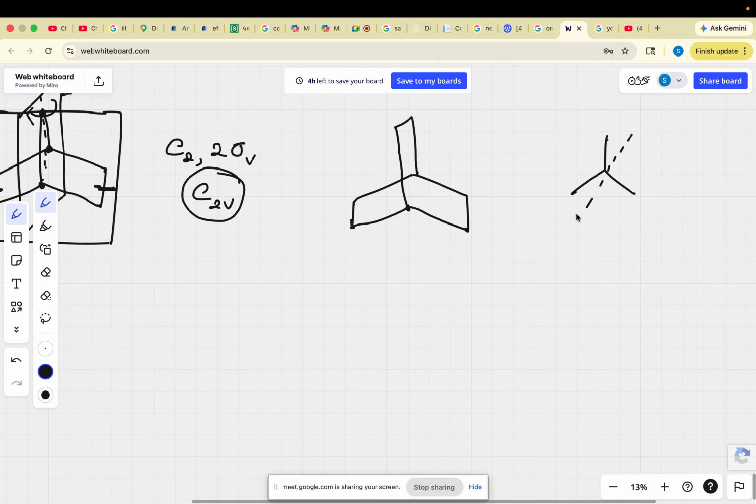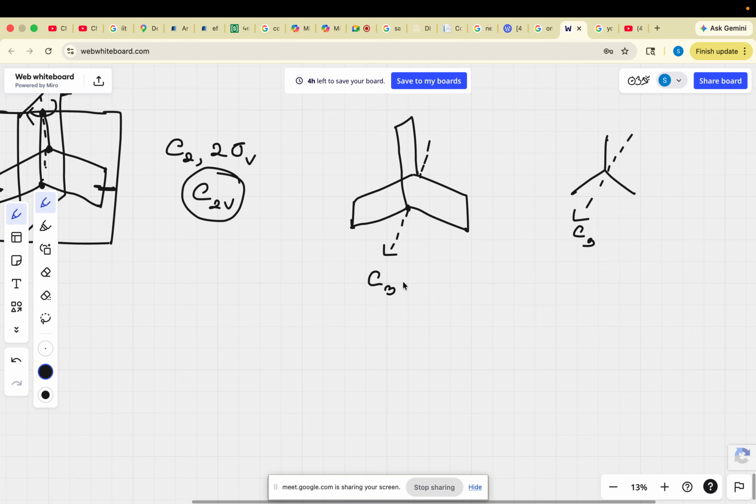So you can pass a C3 axis from here. Similarly here also you can pass one C3 axis. If you pass one C3 axis, this part will go there, this part will go there and this part will go there. They will interchange their position. So this is your 1 C3.